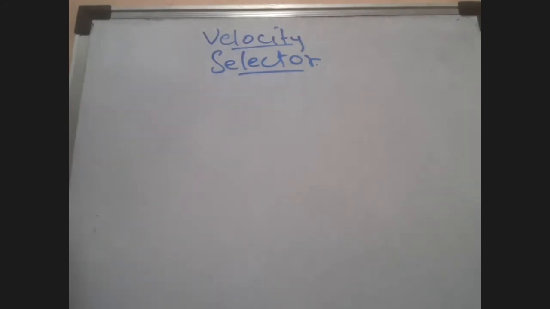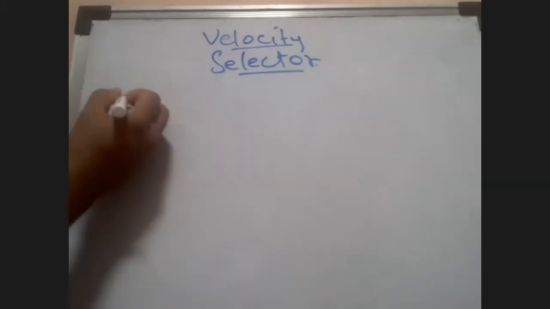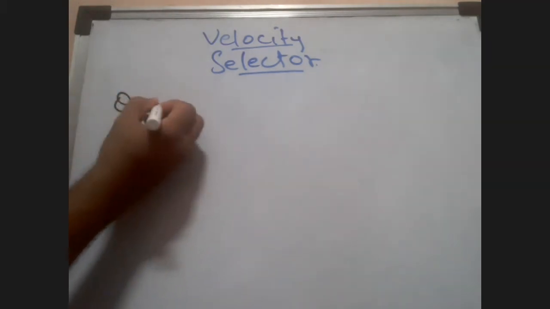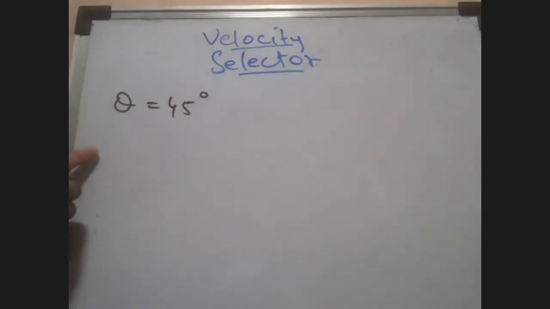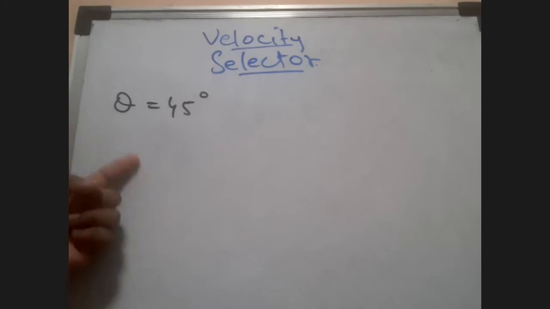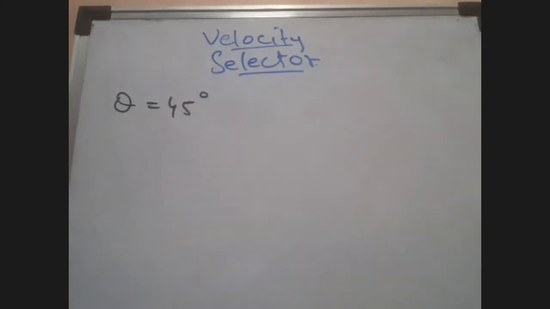Let's say there is a charged particle. It enters a uniform magnetic field with a velocity vector at an angle of 45 degrees with the magnetic field.